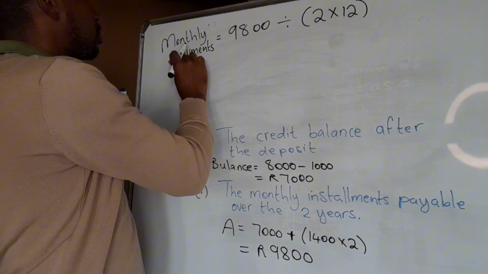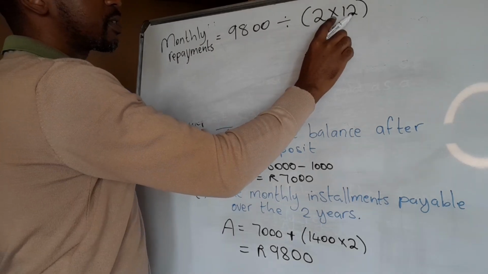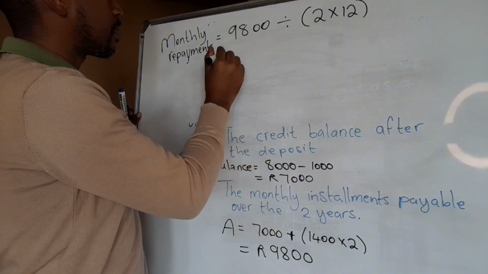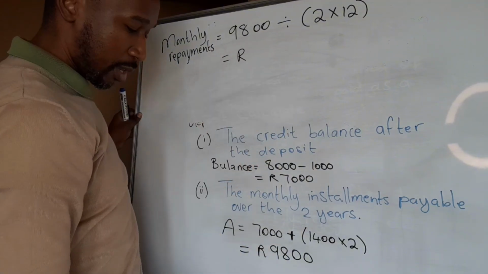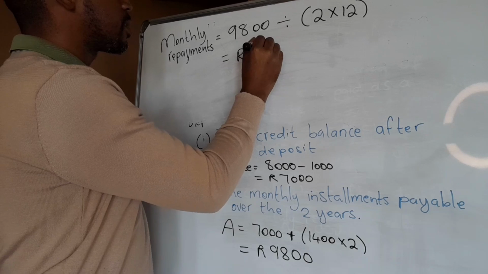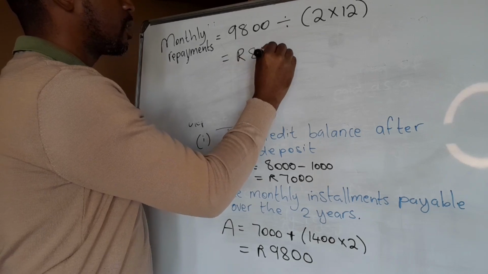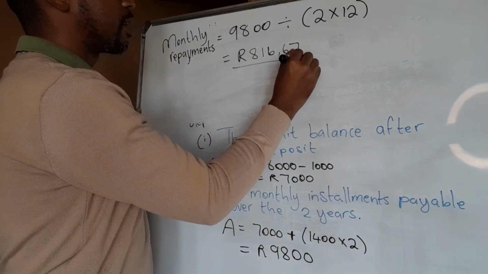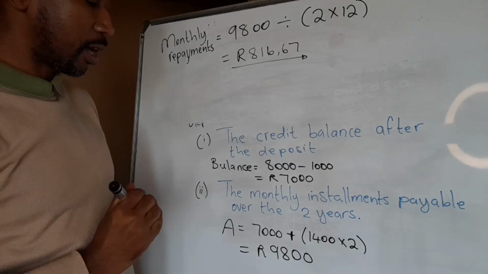So what we do, we take the number of years and multiply by 12. The answer we get from there, we divide the 9,800 by, and then we get a final amount of 408.33 Rand. So that would be the monthly amount payable for this particular agreement.